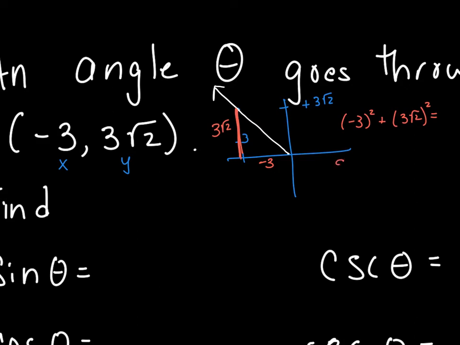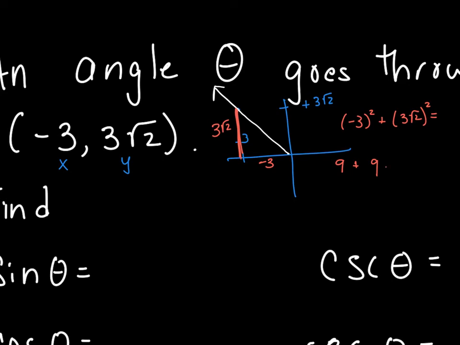-3 squared is 9. Now, when I am squaring something that has both a number and a radical, first you square the 3. 3 squared is 9. And then the square root of 2 squared is just 2.